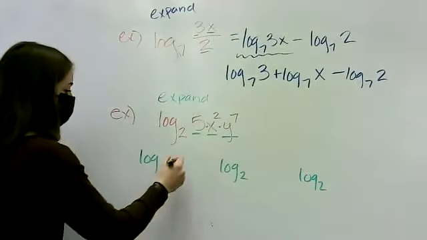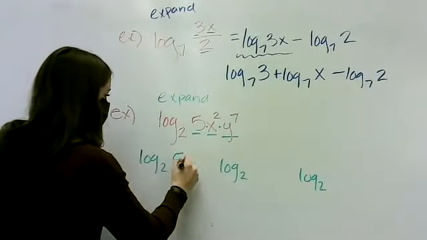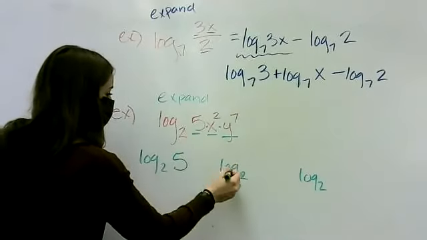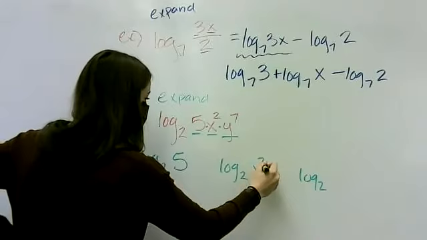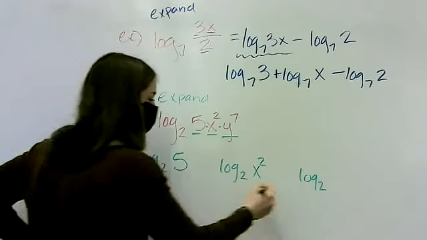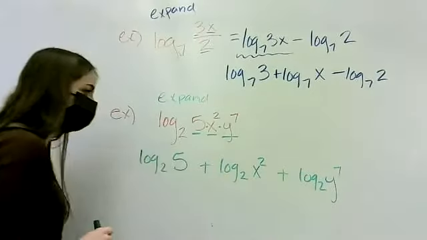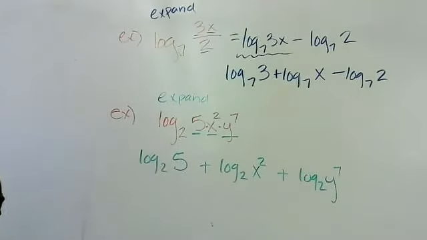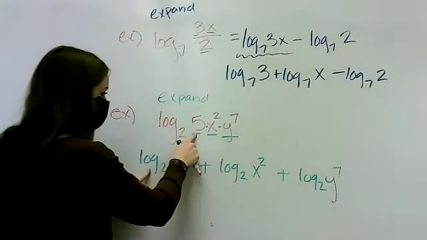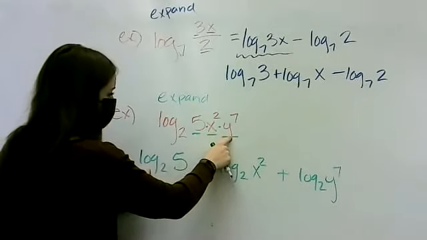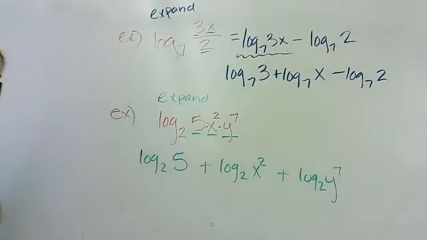So we want to have log base 2 of 5, that's my first term. Log base 2 of x squared, that's my second term. Log base 2 of y to the 7th, with addition in between each and every one of these. Okay, so log base 2 of 5, log base 2 of x squared, log base 2 of y to the 7th. And again, multiplication turns into addition.